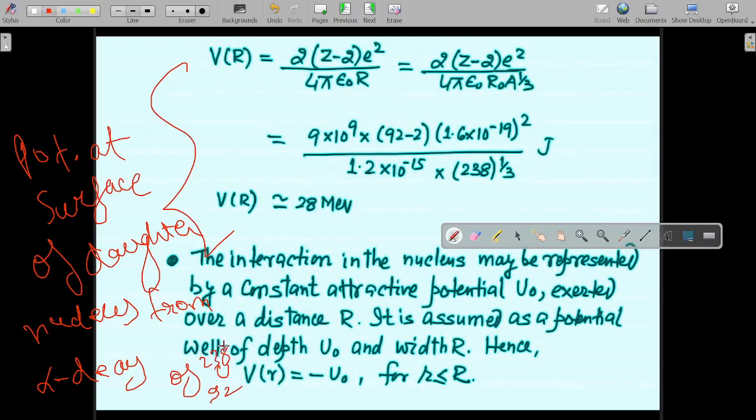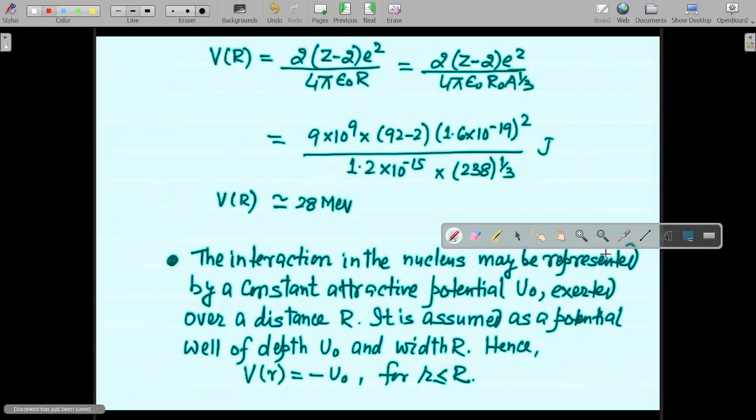When uranium 92-238 undergoes alpha decay, one daughter nucleus will be formed, and we are finding the potential at the surface of that daughter nucleus, which is formed out of the decay of uranium 238.